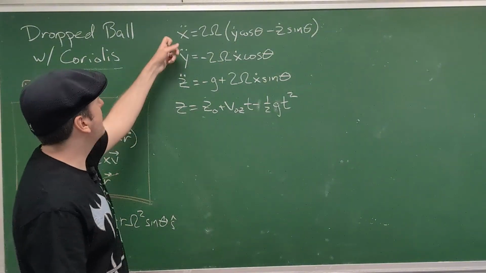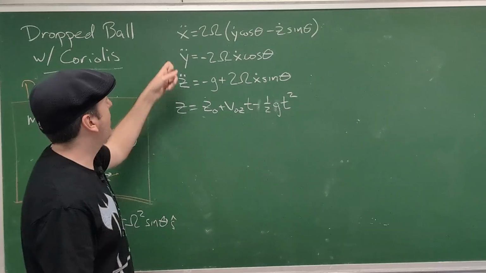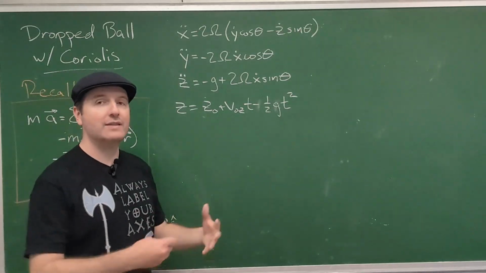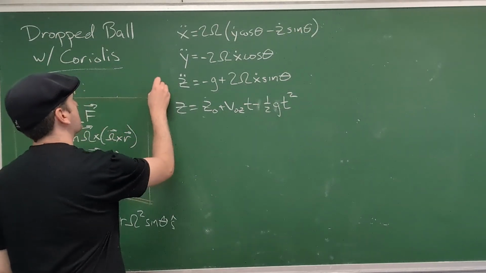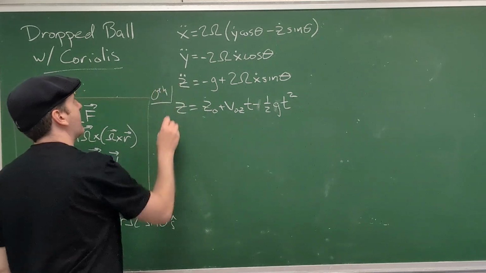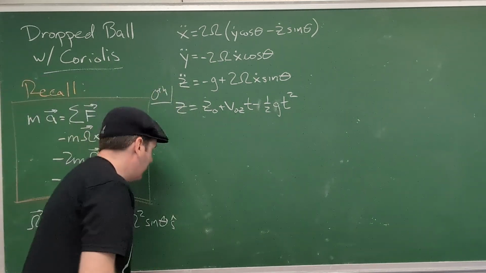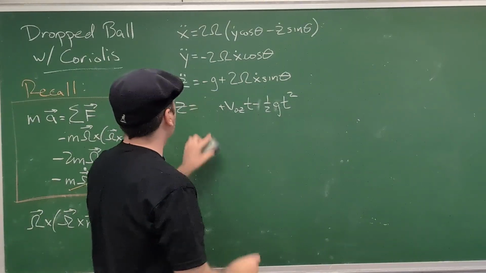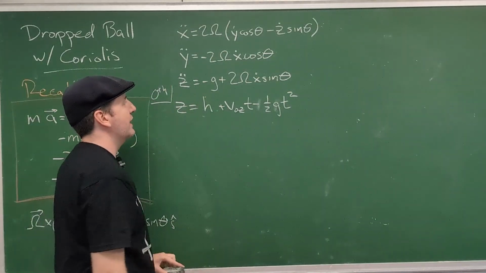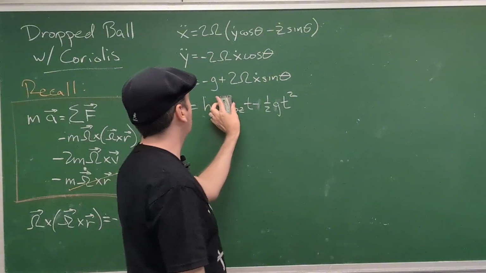In that case, we know that x double dot and y double dot are both 0 in this 0th order approximation. We can replace z naught with, we'll call it lowercase h, and we're dropping it from rest.